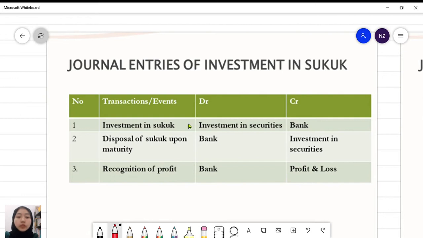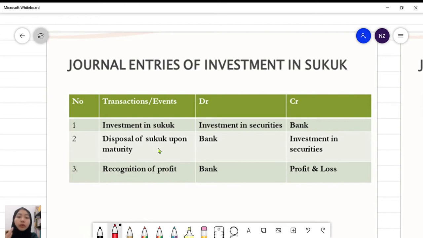As for disposals of sukuk upon maturity, when we buy sukuk, it has a maturity date. Let's say when we first bought the sukuk bond, it had a 3-year maturity date. Now we want to dispose of this sukuk in our books.